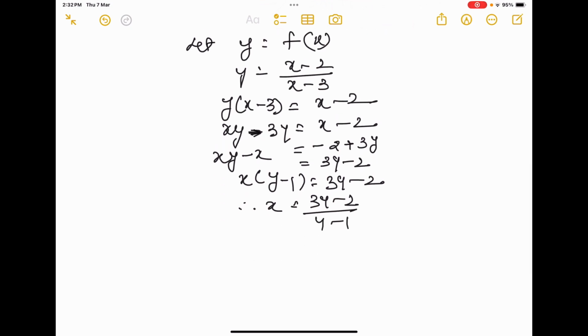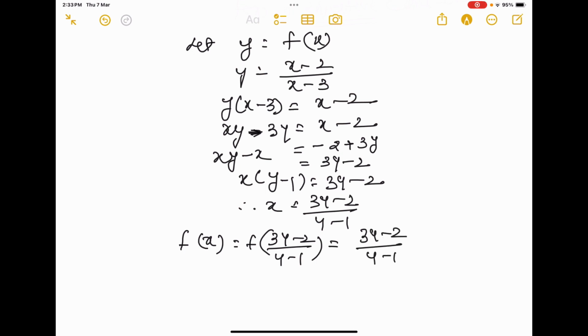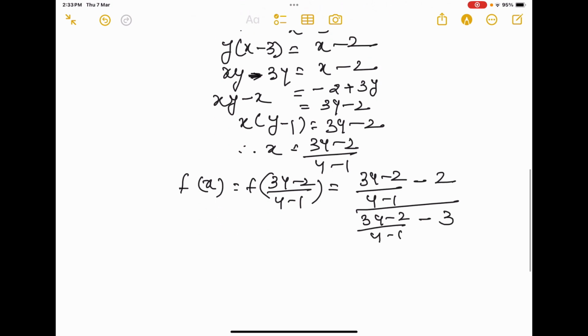Then in our f of x, instead of x you put this (3y minus 2) by (y minus 1). That's equal to, in x minus 2 you put x as (3y minus 2) by (y minus 1), minus 2, by (3y minus 2) by (y minus 1), minus 3.